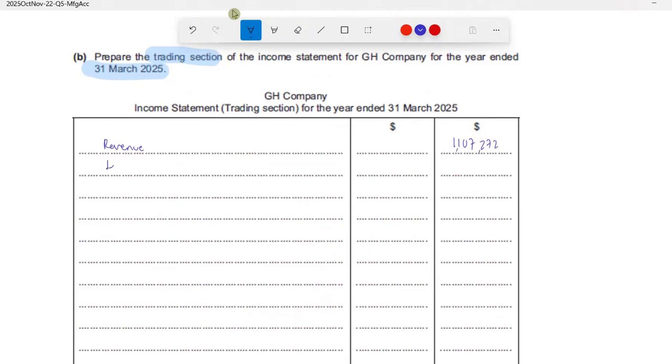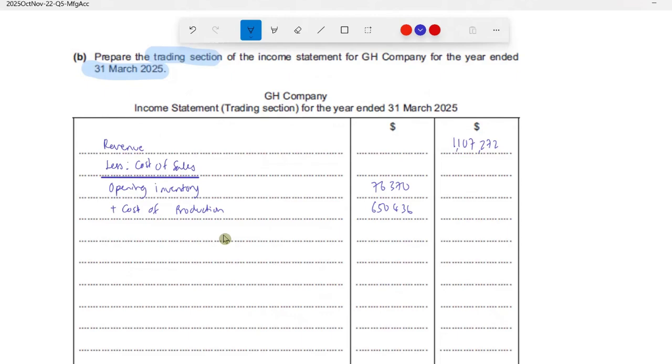Okay, now we less cost of sales. The cost of sales, we have the opening inventory, first item, and this opening inventory refers to the finished goods opening inventory. At the cost of production. Cost of production are those goods completed by the factory and ready to be sold off as finished goods.